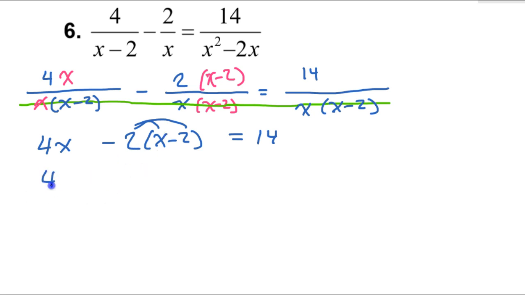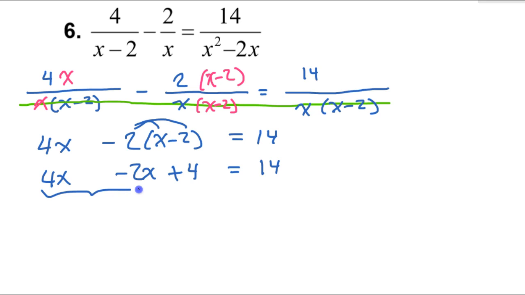So that's why I'm going to have 4x and then minus 2x plus 4. So a common mistake is just to put minus 4. If you just did 2 times negative 2, you would put a negative 4, and that would be wrong. You must distribute a negative 2.